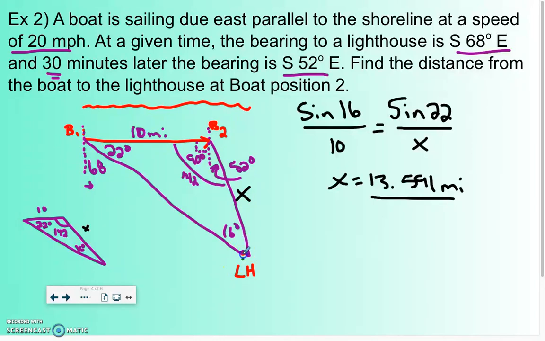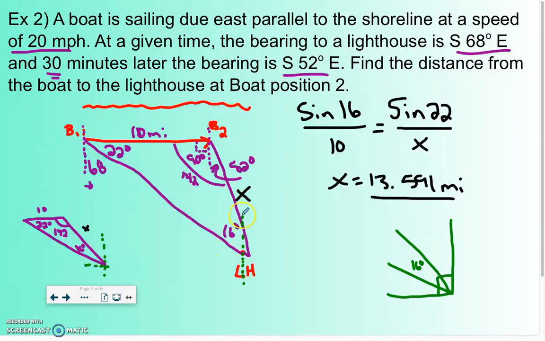So if I'm looking for lighthouse to boat 1, I'm going to draw my crosshairs in here. We know that this is 90. So we have this angle down here coming in and leaving. We know that this is 16 degrees. And then we don't know the combination of these quite yet. We just know it's a 90-degree turn.